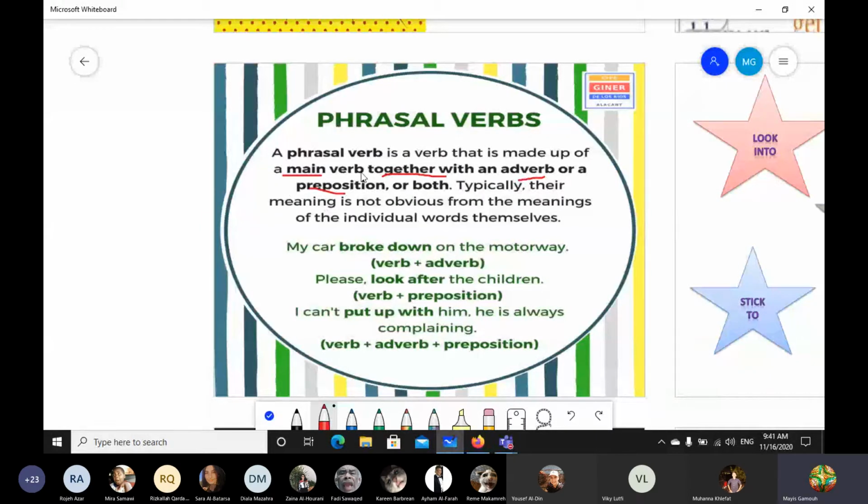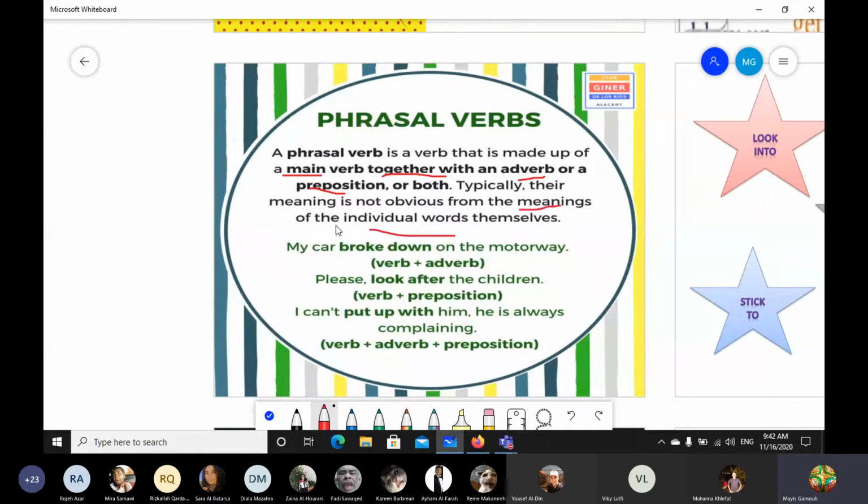So here we have two sections: the main verb and the adverb, or the main verb and the preposition, or both an adverb and a preposition. Typically, their meaning is not obvious from the meanings of the individual words themselves.